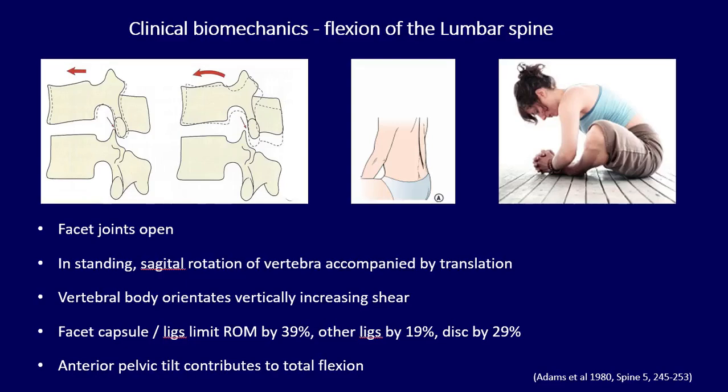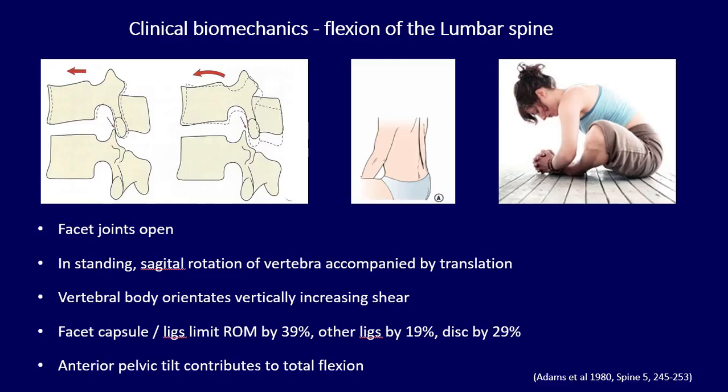If the muscles are completely relaxed, the facet joint capsule and the ligaments themselves will limit the range of motion by approximately 40%.